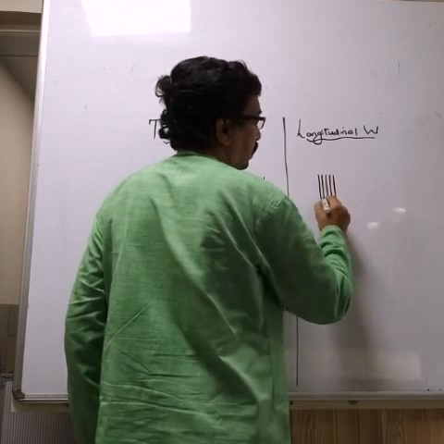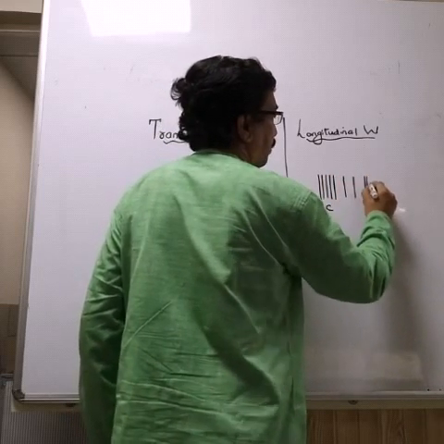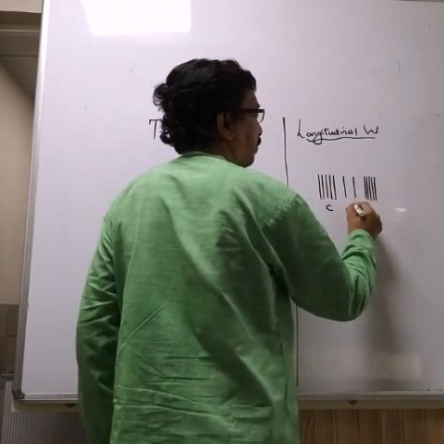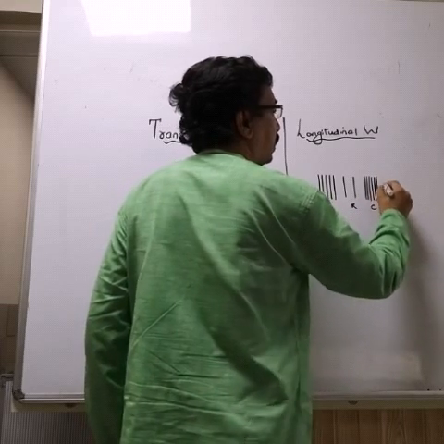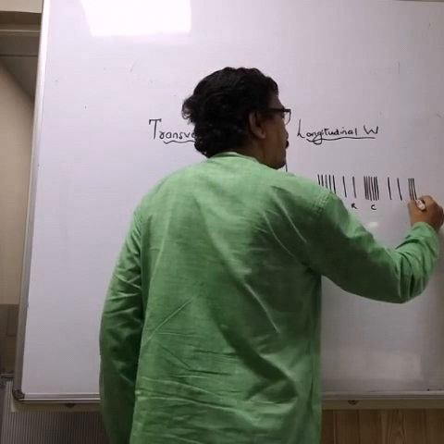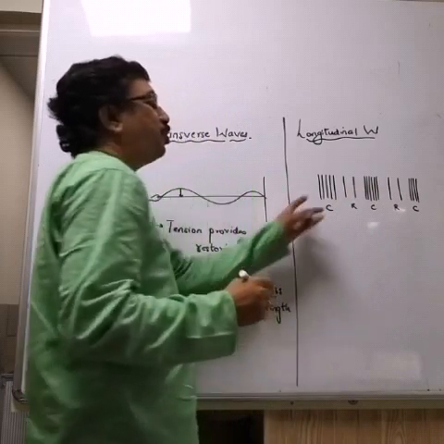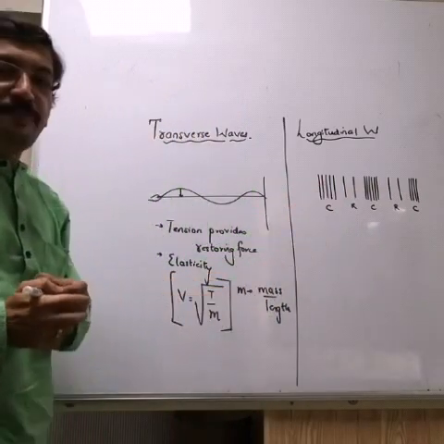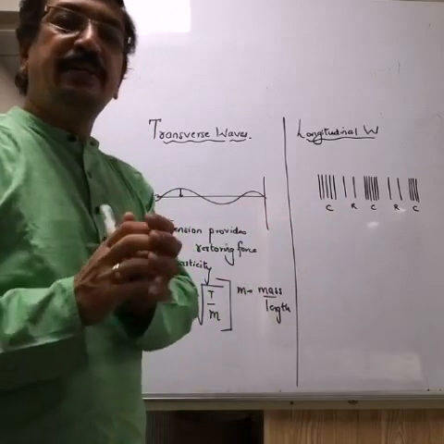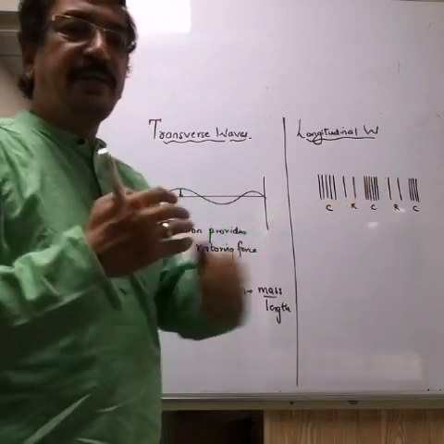This is a compression, this is a rarefaction, again compression, again rarefaction. I told you earlier what happens in each. In a compression, the particles of the medium come very close, the density increases, pressure increases. In a rarefaction, the density and pressure decrease. So compressions and rarefactions are alternately placed.